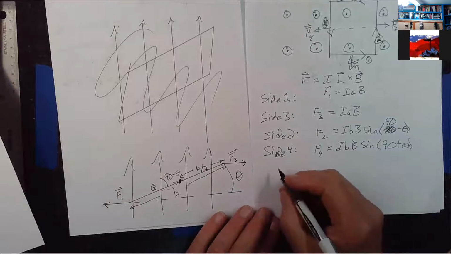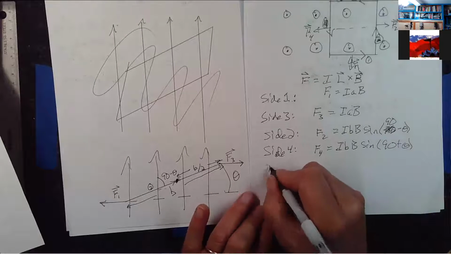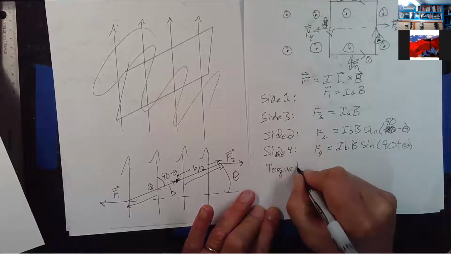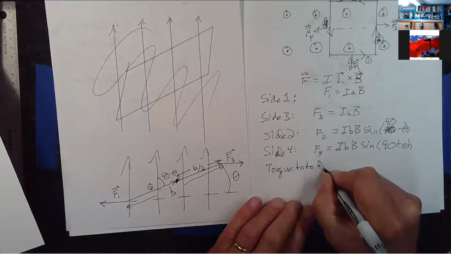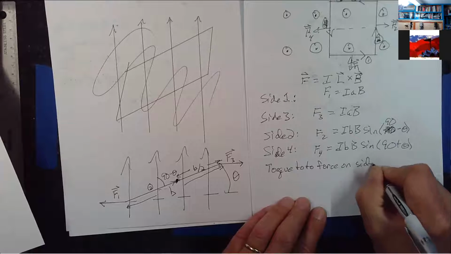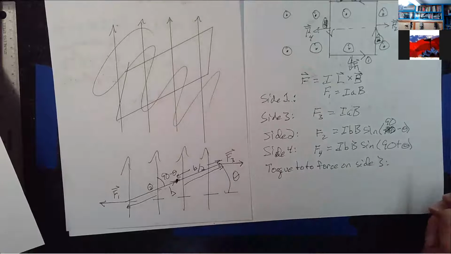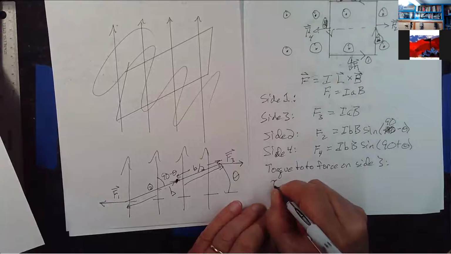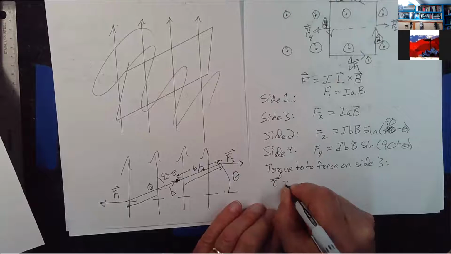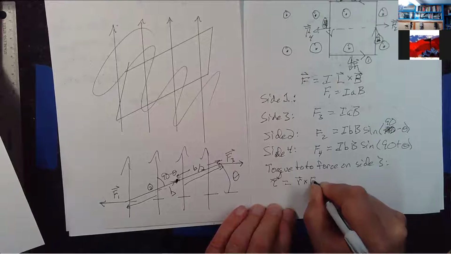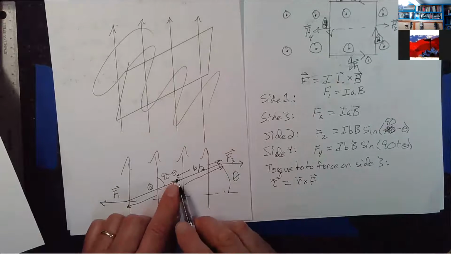And the torque from side 3, torque due to force on side 3. If you remember what a torque is, we use that weird Greek letter, lowercase tau, and it's equal to R cross F, where R is the distance from where we're calculating the torque about.